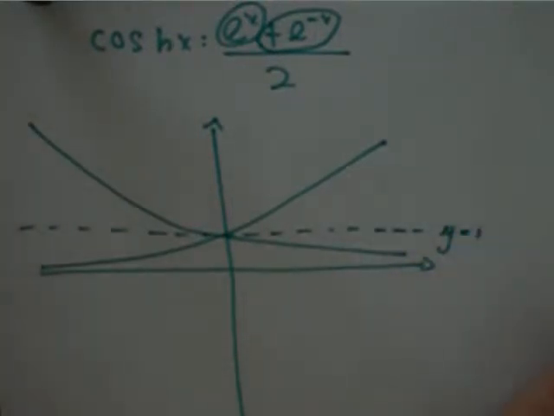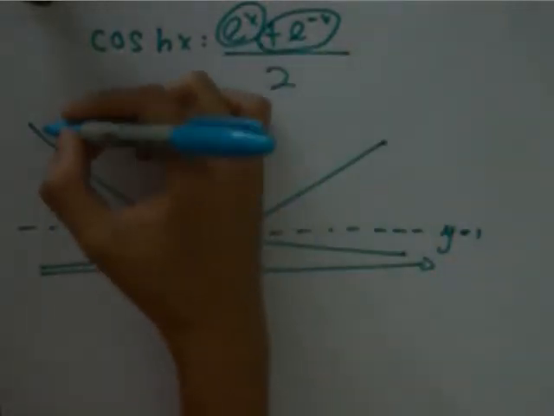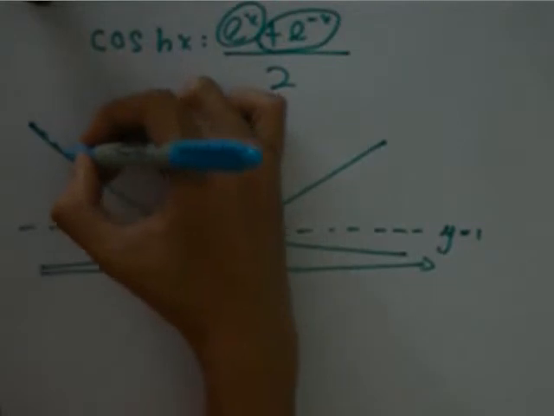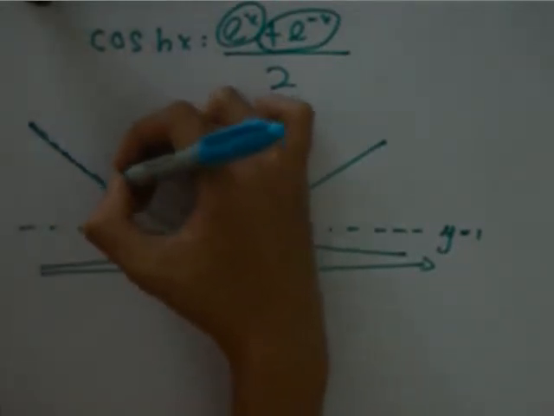From here on, if we were to substitute values of x equals to 0 and increase them, we actually find that the cosine hyperbolic x graph follows the curves of the exponential function. So e to the power of negative x.